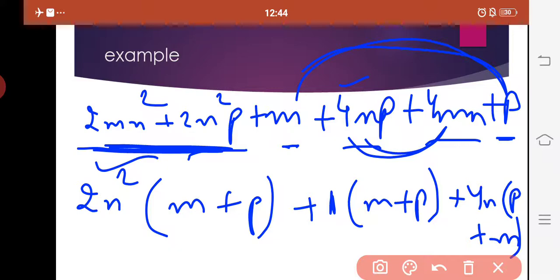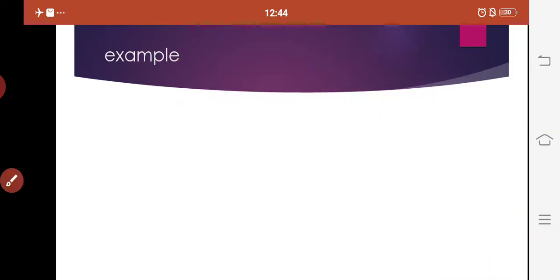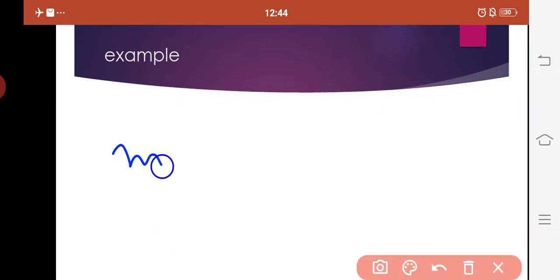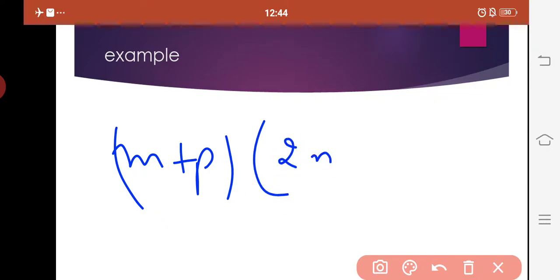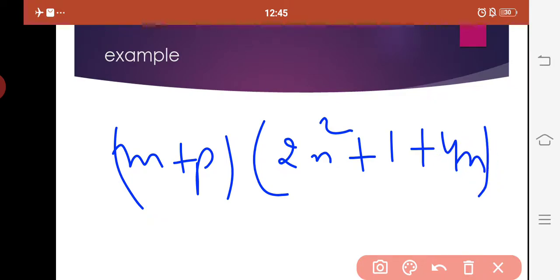So 2n square into m plus p, 1 into m plus p, 4n into m plus p. Now again m plus p was common, and we are left with 2n square plus 1 plus 4n. So this is how we have to solve an algebraic expression, by breaking it into common factor groups.